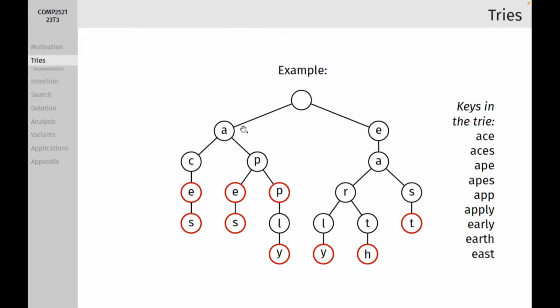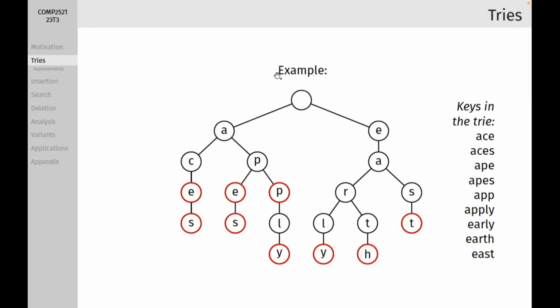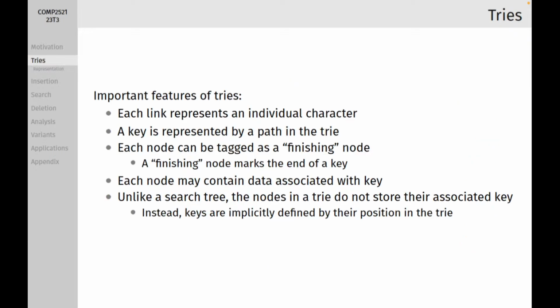So this link from the root node to this node represents an A, this link here represents an E, this link here represents a C, this link here represents a P, and so on. And a key is represented by a path in the trie. For example, we have a path A, C, E, and since this path ends in a finishing node, that means the word ace is in the trie.